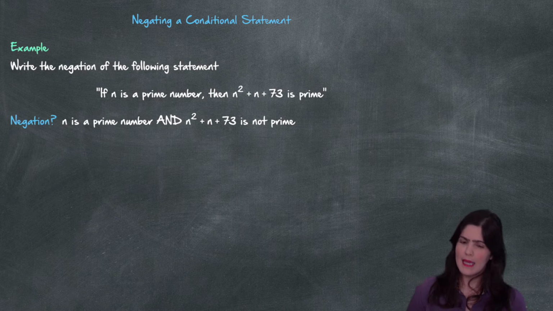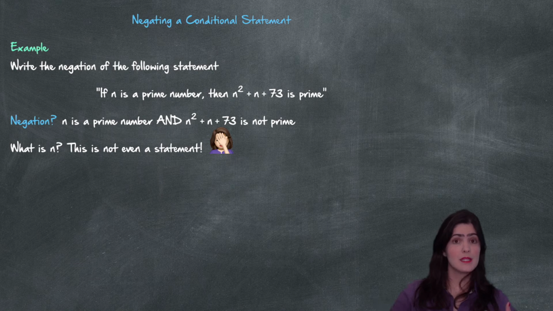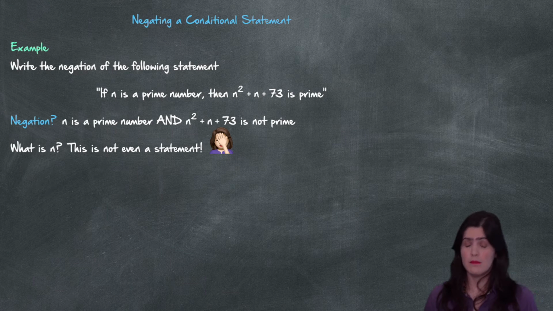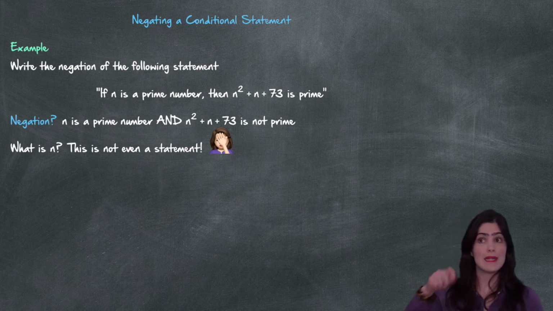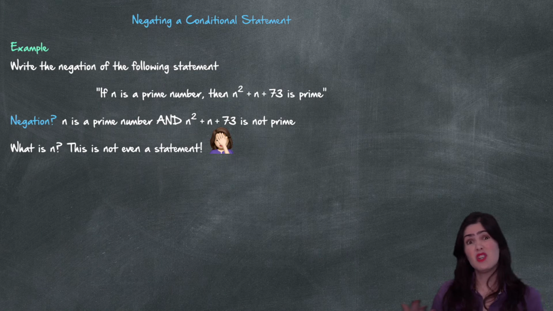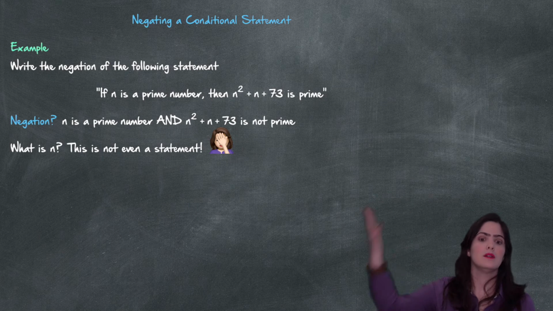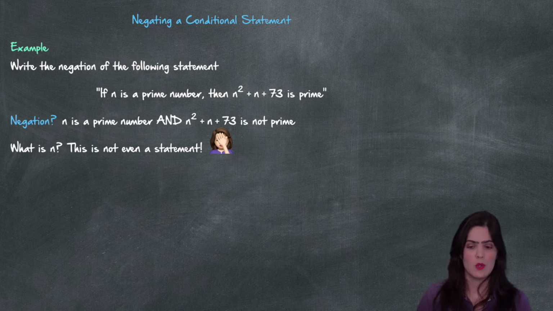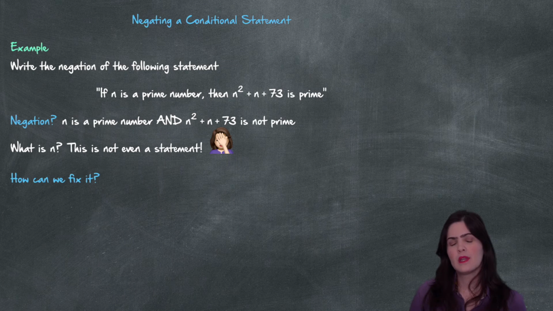Well, here, what is n? If I were a marker and you answered this question with this, my comment, I'm 99.9% sure, would be: what is n? Remember, this is not a statement because we haven't fixed n, we haven't quantified n, we have no idea what n is. So, how can we fix this?